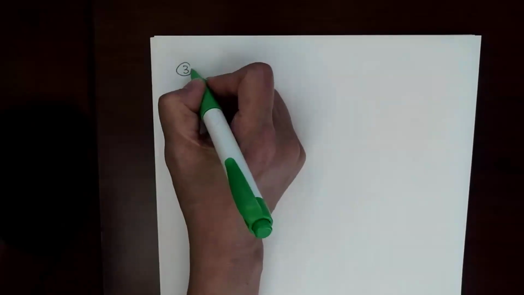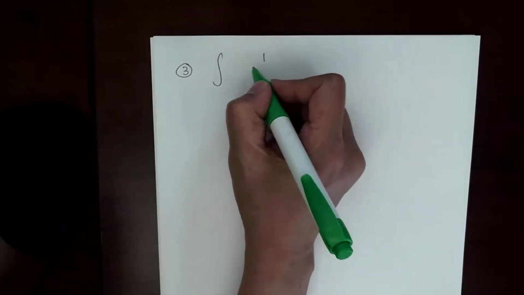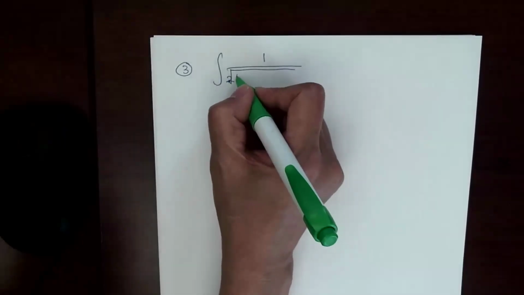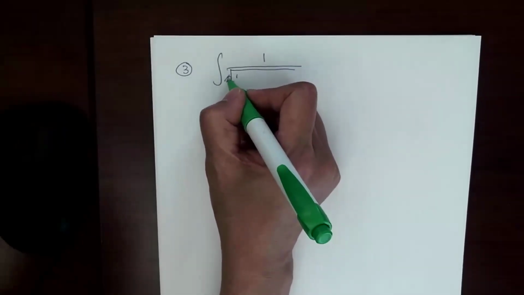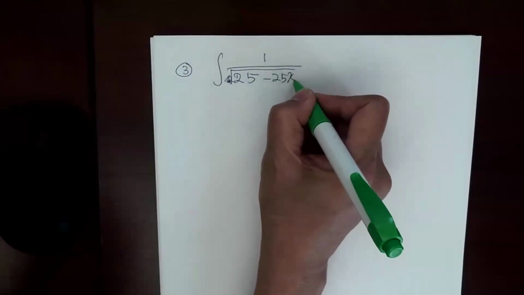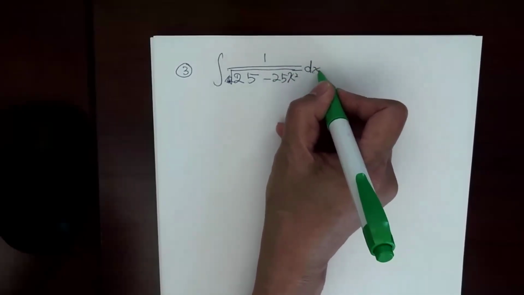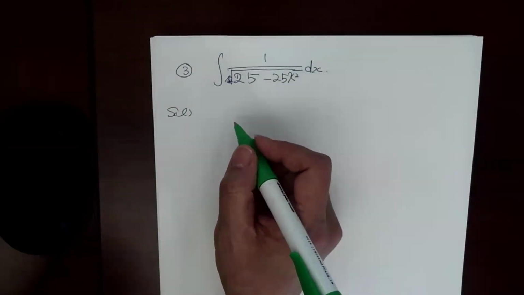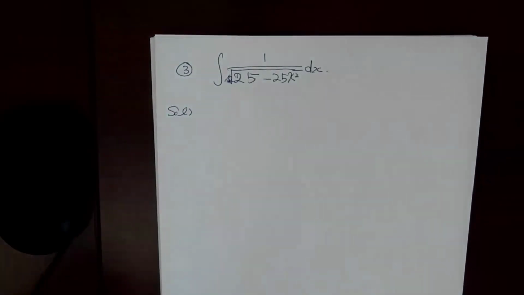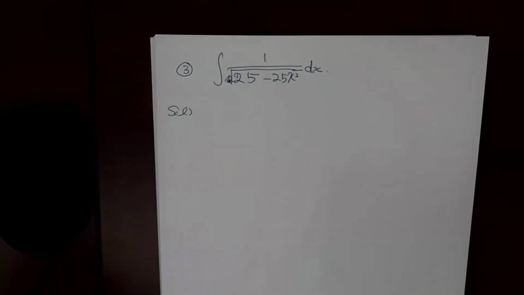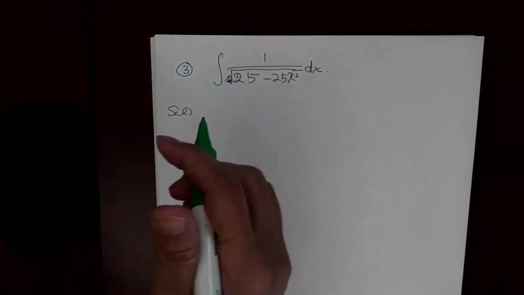The next one is integration 1 over square root of 25 minus 25 x squared dx. So nothing appears in front of the square root, and it is a number squared minus x squared.